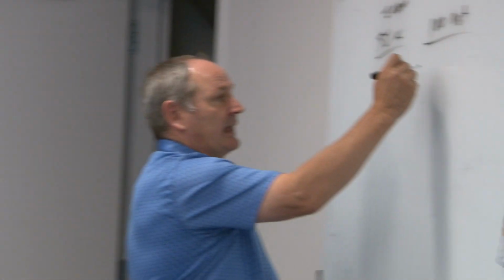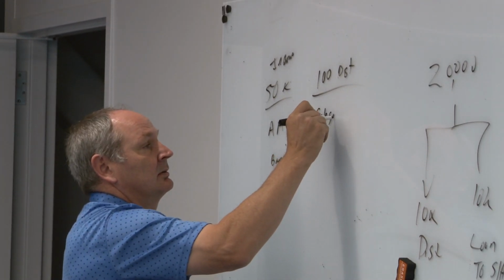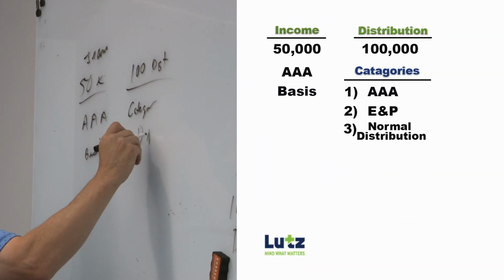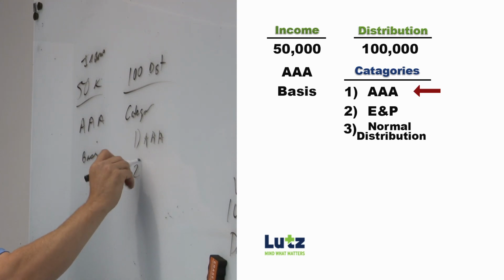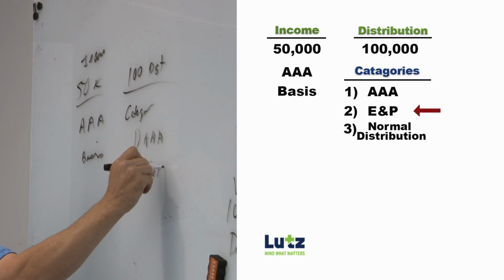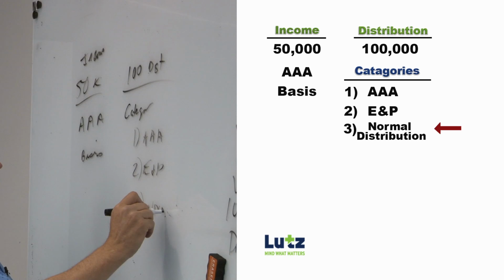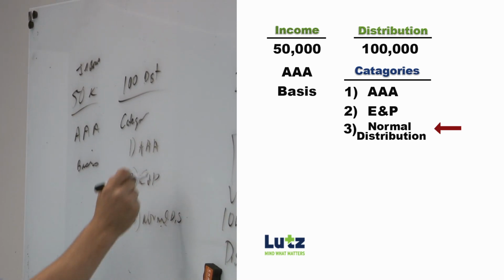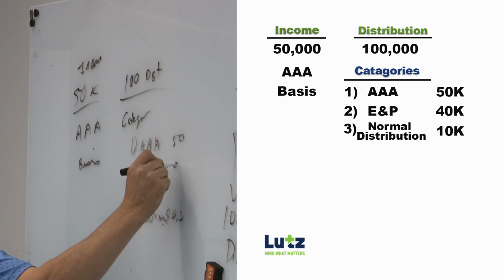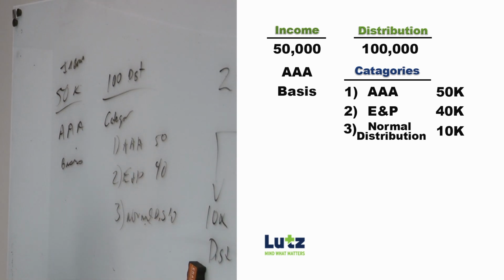Now you have to categorize it into its own buckets. So you have to categorize it by 1, AAA guidepost, as Sam said, 2, EMP, 3, normal distribution. And we said AAA was 50, 40, and 10.